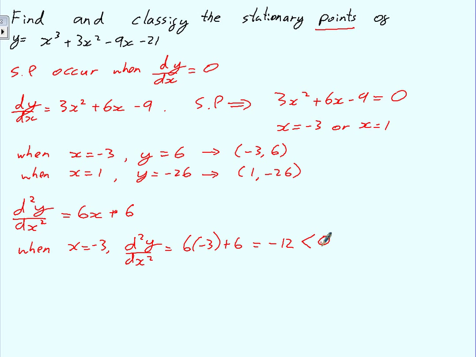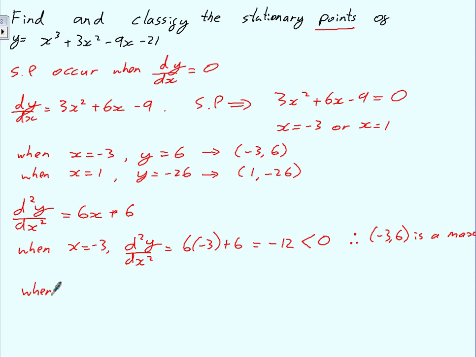This is less than 0, so my second derivative is less than 0. Therefore, this point, minus 3, 6, is a maximum.